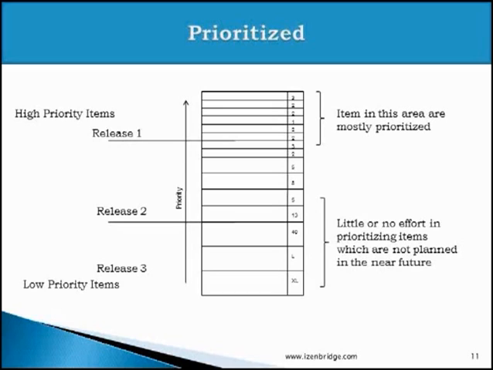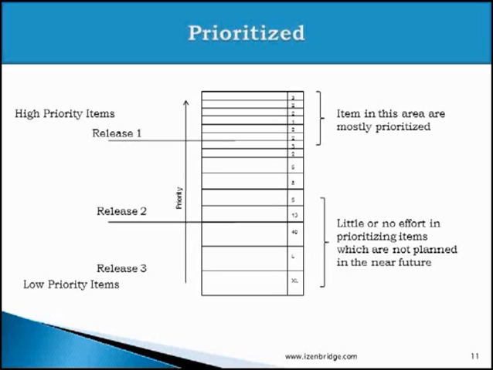For example, if I have a release which I need to give in 2015, I may not prioritize the items for the release of 2015. But for the current release, which I have to give in the next 3 or 4 months, the items for this particular release should be prioritized well.